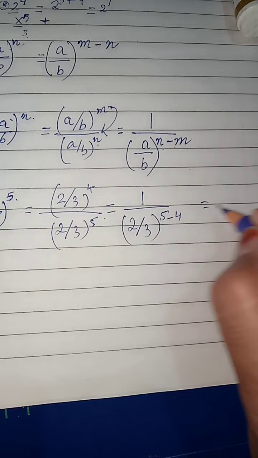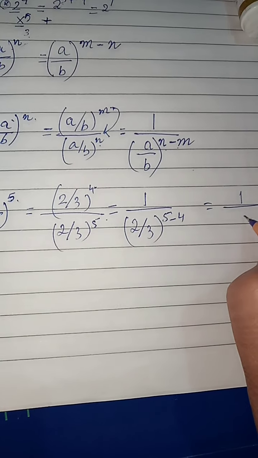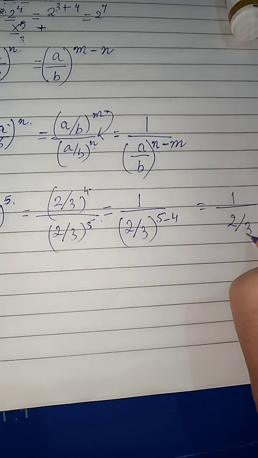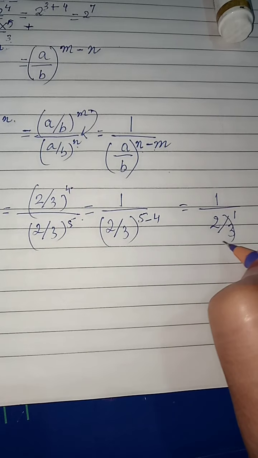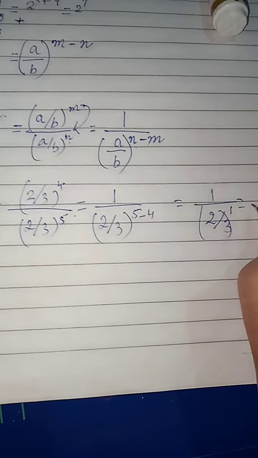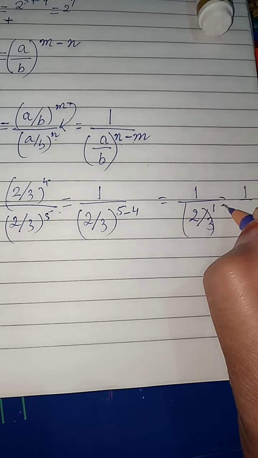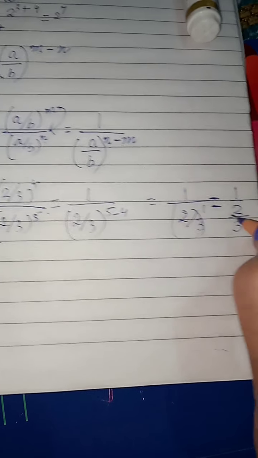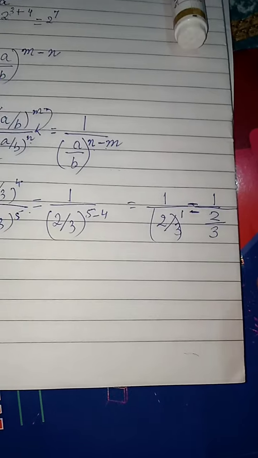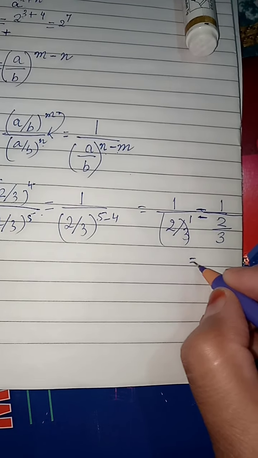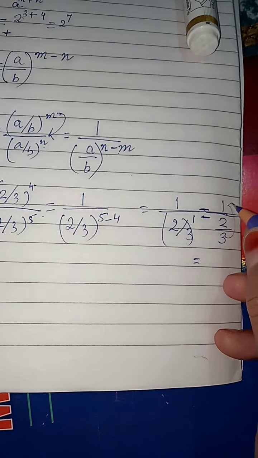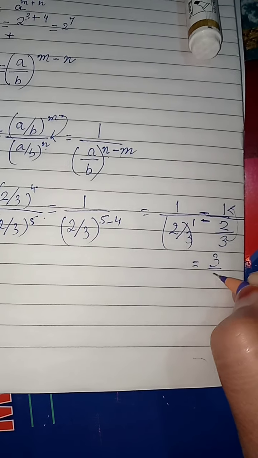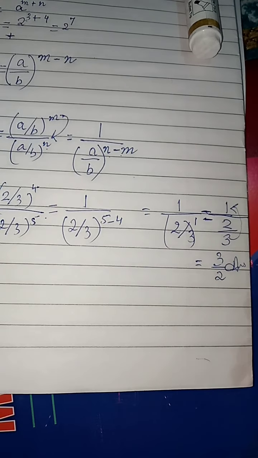So here what you will get, you'll get (2/3) to the power 1. Correct? 5 minus 4 is 1. Now 1 by 2 by 3, so that means this, what we'll do, we'll just write the reciprocal and this 3 will go over here. 3 by 2 will be your answer.